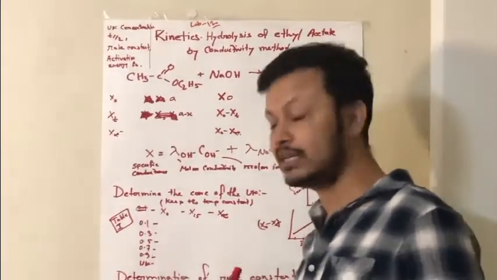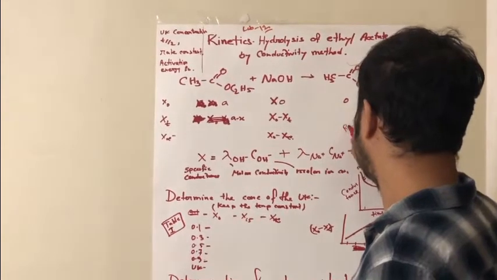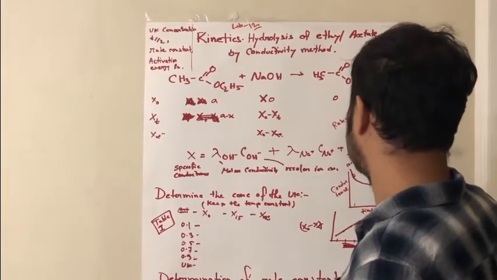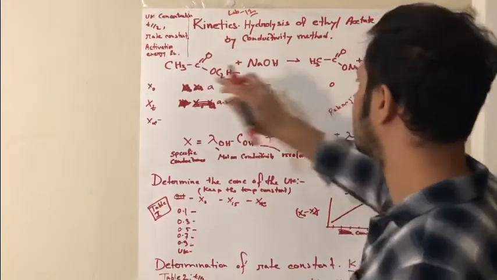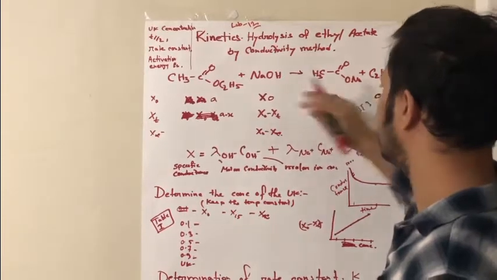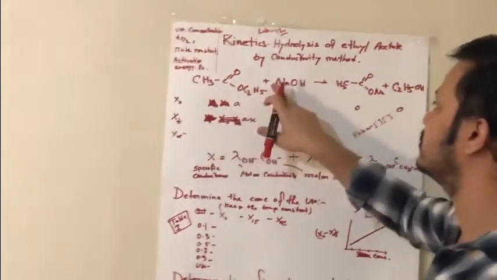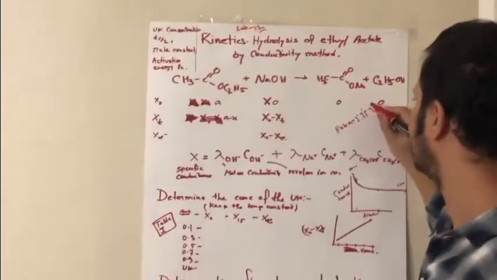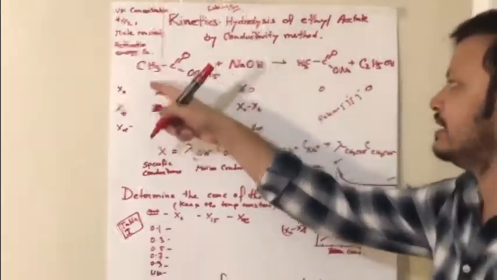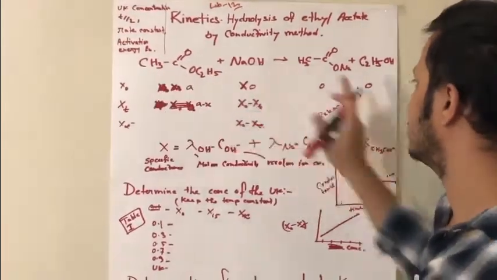And what is the rate constant? We know that any rate is directly proportional to the concentration of the reactants, right? These are the two reactants, and the power is based on the stoichiometry; since it is 1:1, the power is 1 for each. The rate depends on the concentration of sodium hydroxide and the concentration of ethyl acetate.